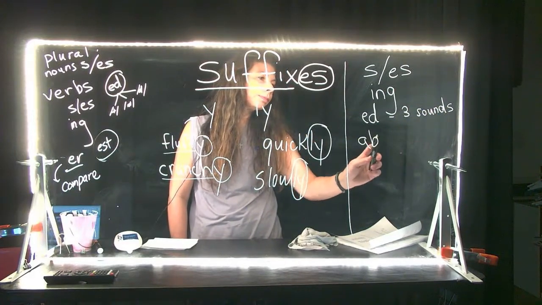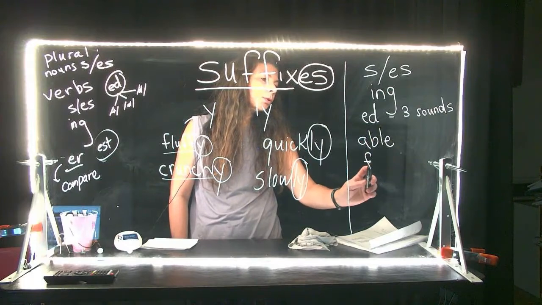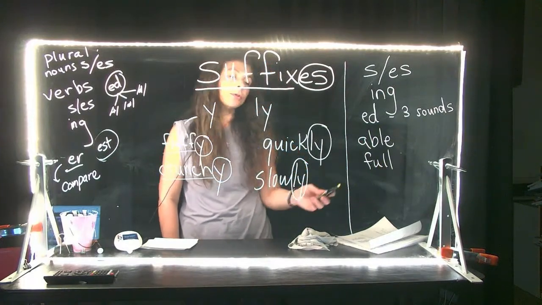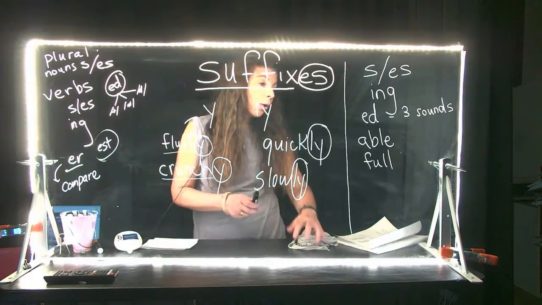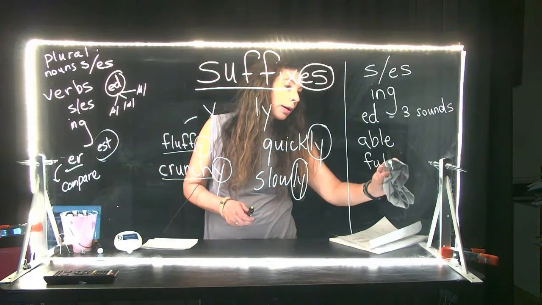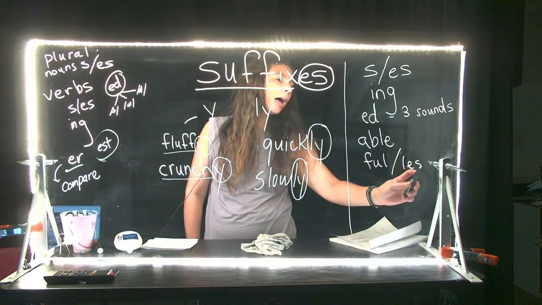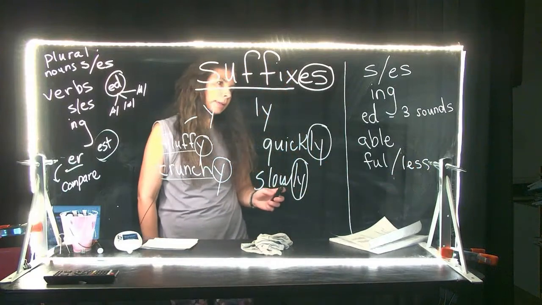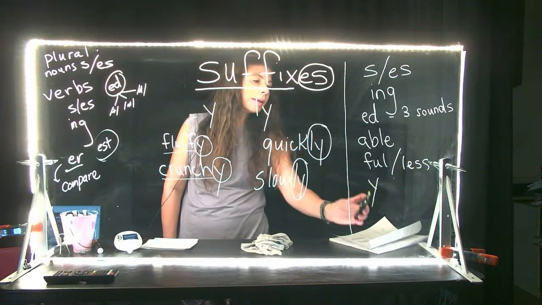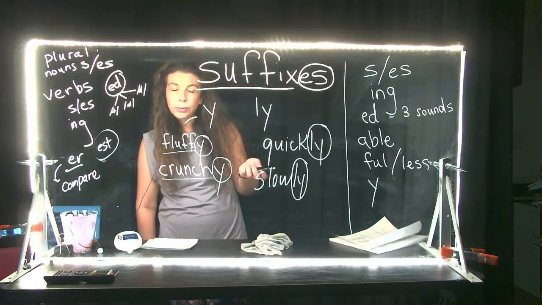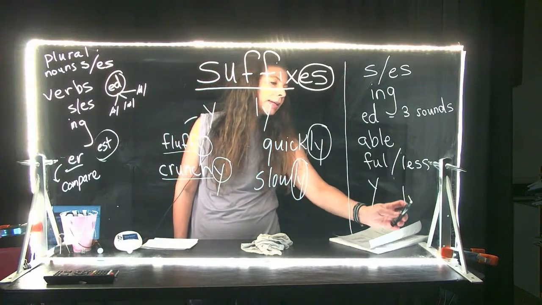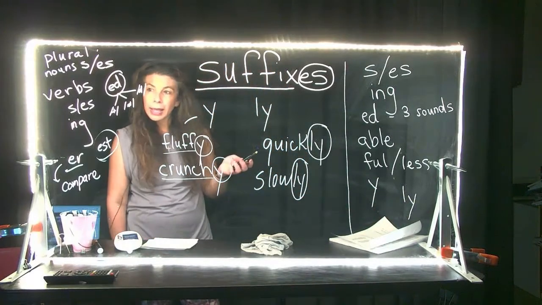Able, full, able to do something, full of something. Remember, it's so full, you only put one L. Less, the opposite of full, but it has 2 S's. Y turns a noun into an adjective. Ly makes an adverb describing a verb.